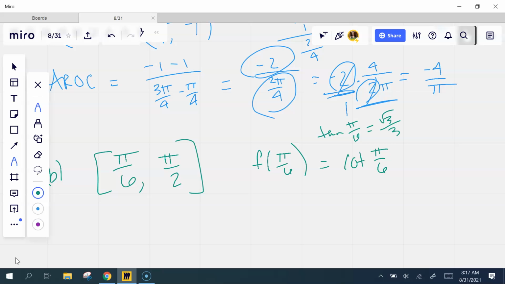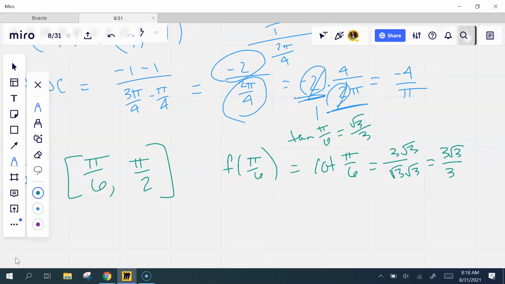So that means the cotangent would be 3 over square root of 3, right? AKA the square root of 3. Take just a moment to look at that.